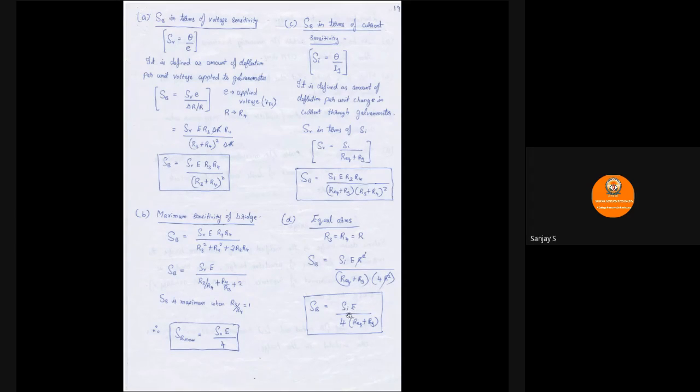You will be left out with SI E divided by 4 into (R equivalent plus RG). So this will be the expression for bridge sensitivity whenever we have equal arms in the bridge. That is, when all the four resistances in the bridge circuit are equal to R, then you will be getting this SB. So this finishes with Wheatstone bridge sensitivity expressions.